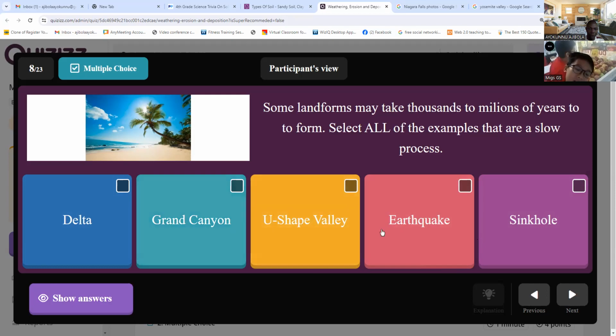I know that an earthquake happens very fast. So the choices are delta, Grand Canyon, U-shaped valley, earthquake, sinkhole. Now, my answer is earthquake. No, hold on. We're looking for the slow process, okay?